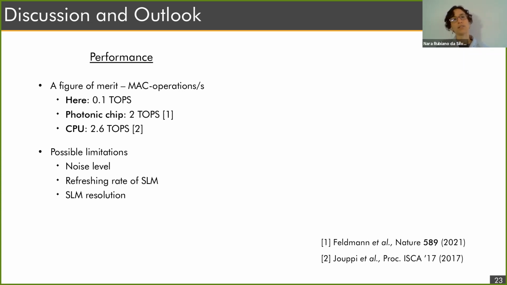Other limitations are, of course, technical limitations of the way we are encoding the matrices and vectors, which is the SLM limits, right? So the speed at which it works and the resolution, the number of pixels that are available in a SLM screen, they can limit the performance of our scheme, right?